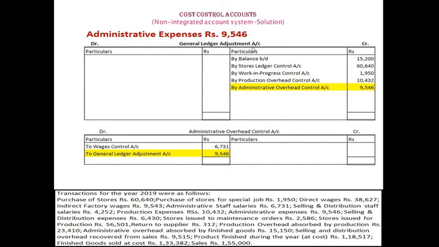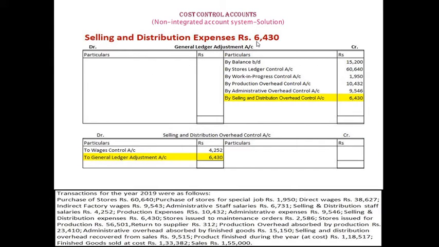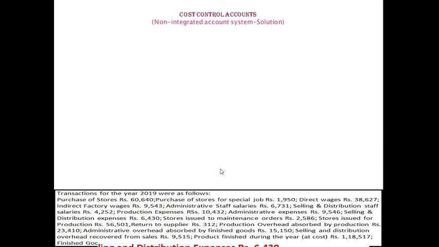In the general ledger adjustment account by administrative overhead control account 9,546, and in the administrative overhead control account to general ledger adjustment account 9,546. Selling and distribution expenses 6,430 in general ledger adjustment account credit side, selling and distribution overhead control account 6,430, and in the selling and distribution overhead control account to general ledger adjustment account 6,430.